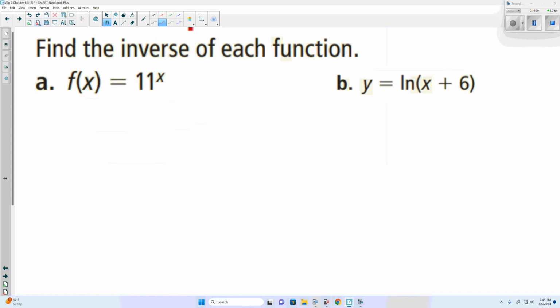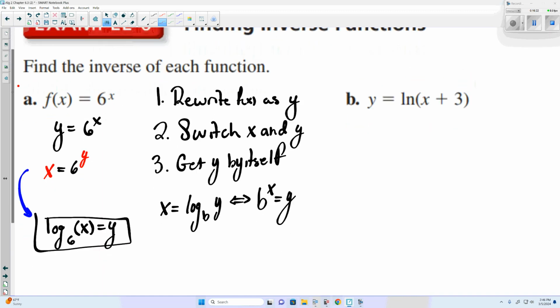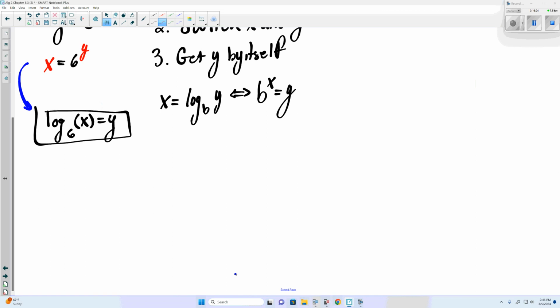Now, how that works with this here: what we have at this point is x equals 6 to the y, yes? Well, to get that 6 to simplify, I would apply log base 6 of 6 to the y.